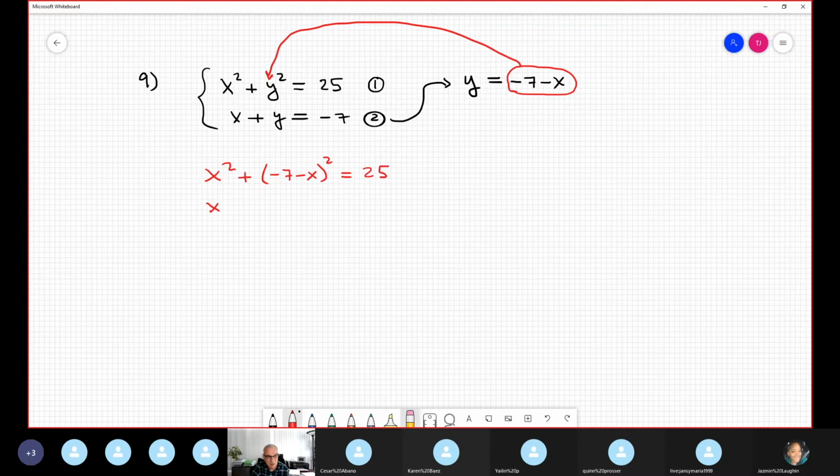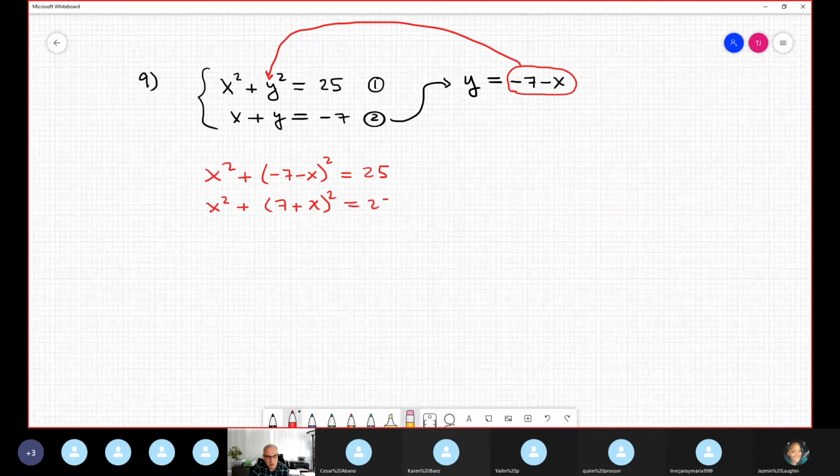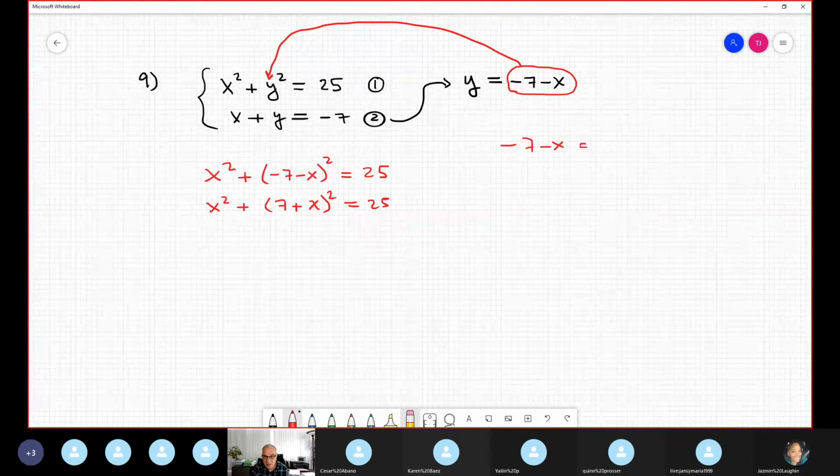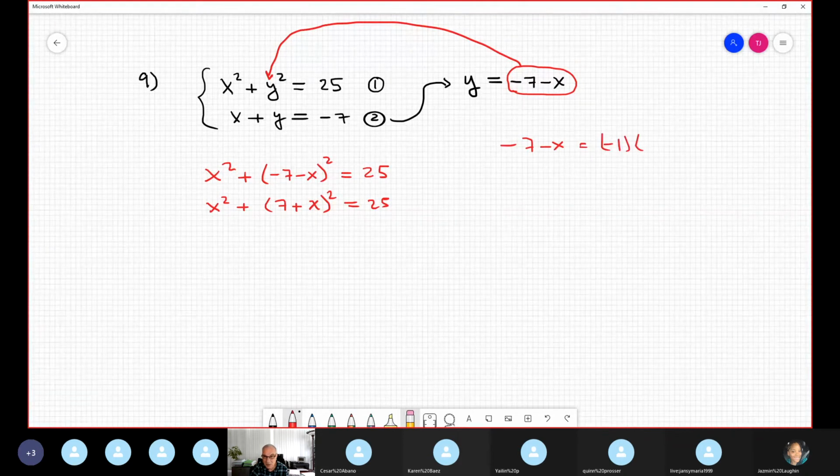So this is equivalent to say (7 plus x) squared. Yes or no? Do you understand this? Because in my mind, I separate -7 minus x like a -1 times 7 plus x, no? And when you square this, (-1) squared is +1, and +1 is invisible, and it stays 7 plus x. So it doesn't matter if we have a negative, because when you square, everything becomes positive.